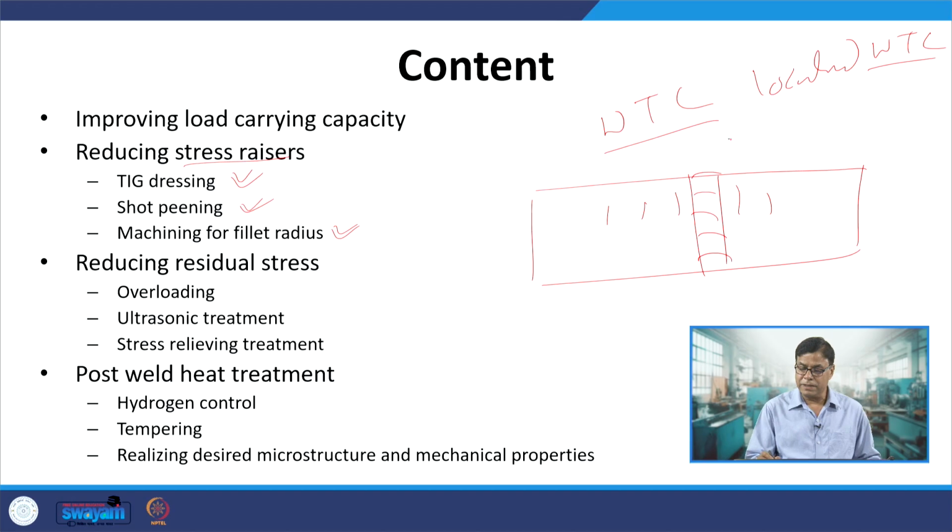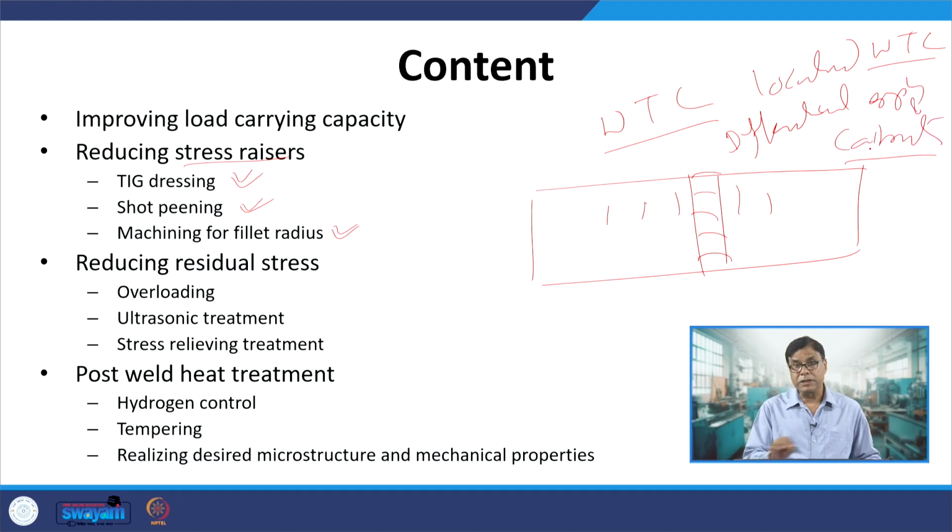Because of the unique weld thermal cycle imposed during welding at each location in the vicinity of the weld joint, this leads to differential expansion and contraction during heating and cooling, and this in turn results in the development of residual stresses. This is also known as thermal stresses.